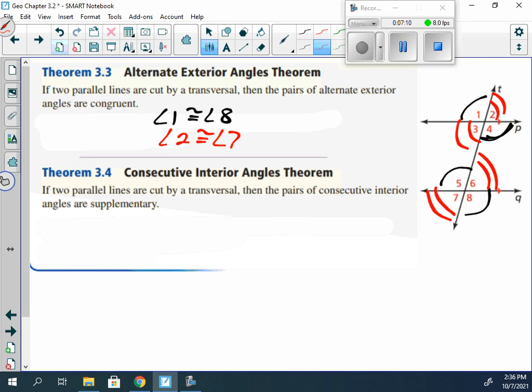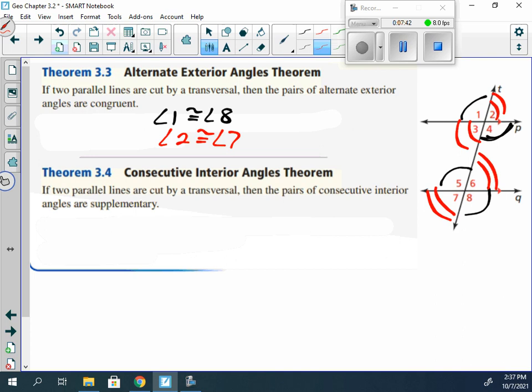But wait a minute, how many different angle measures do I have in this figure? 2, yes? Because 1 and 4 are congruent, 1 and 5, 1 and 8, because of corresponding, alternate exterior, alternate interior, and vertical angles. All of those are going to be the same value. 2 and 3, 2 and 6, 2 and 7, 6 and 7, all the others are going to be congruent because of our vertical angles, alternate interior, alternate exterior, and corresponding.